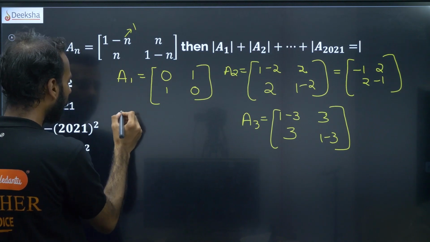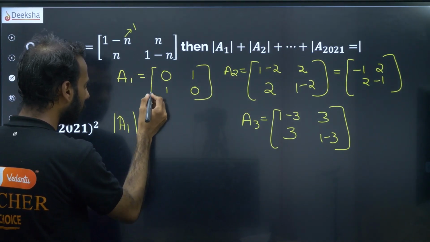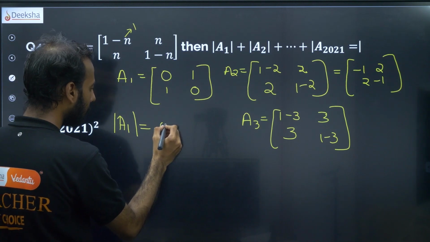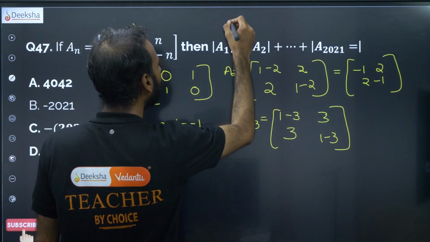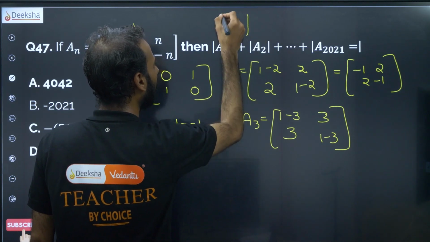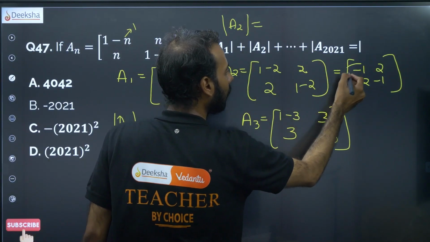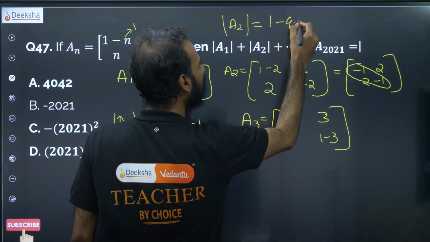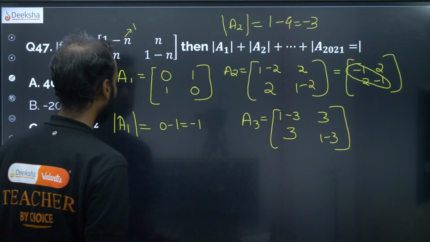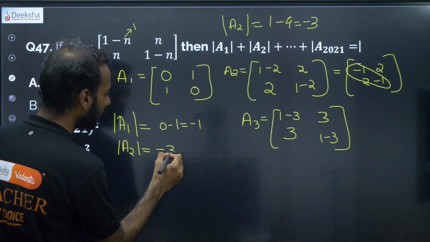Next, if I apply determinant, determinant of A1 is 0 into 0 minus 1, which is minus 1. Next, applying the determinant function to A2, here we have to multiply: minus 1 into minus 1 minus 4 is minus 3. So determinant of A2 is minus 3.